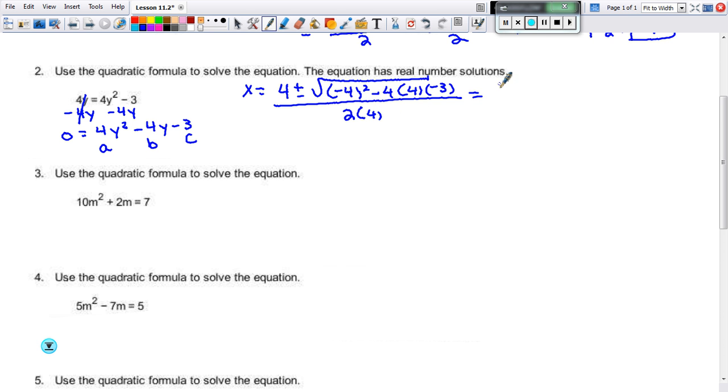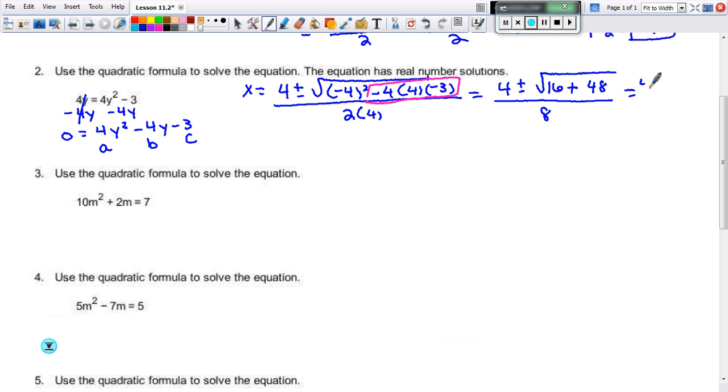So that equals 4 plus or minus the square root. Okay, negative 4 times negative 4 is 16. Everything after that gets multiplied together. I do the signs first and then the numbers. So a negative times a negative is a positive. And 4 times 4 is 16, times 3 is 48 over 8.